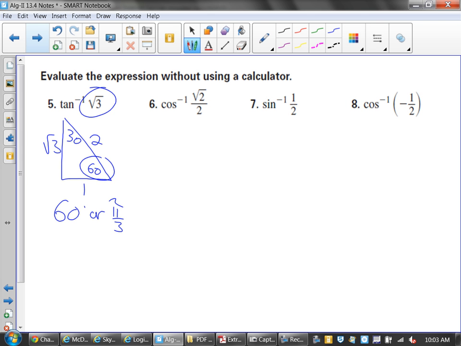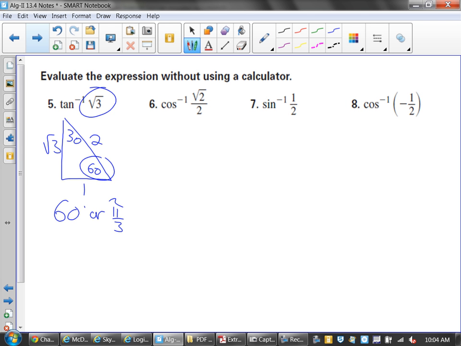One quick reminder: for cosine, you're going to be between 0 and pi, and for sine, between negative pi over 2 and pi over 2. Same thing here.